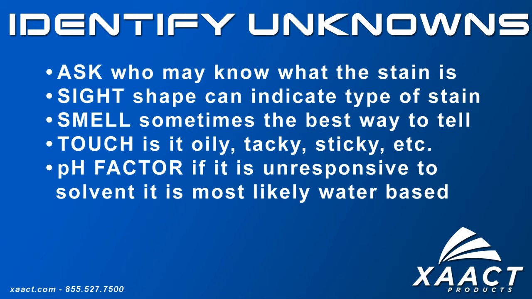Smell often works and sometimes is the best way to tell. Touch the stain. If it's oily, tacky, sticky, etc., it might give you a clue as to what it is. pH factor means if it is unresponsive to solvent, it is most likely a water-based spot.